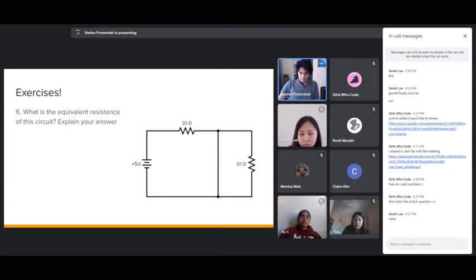So, the resistor in parallel with the wire has zero resistance, and we just changed the pen color. So what do we call this portion?